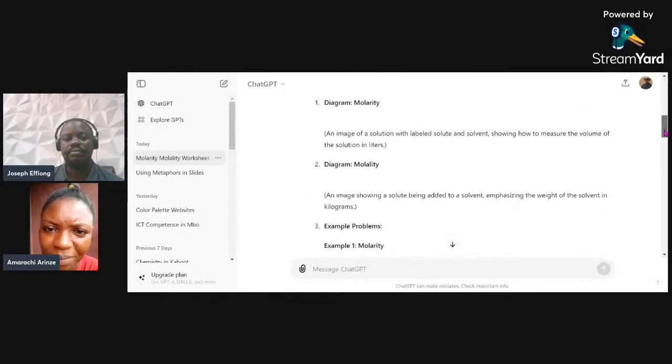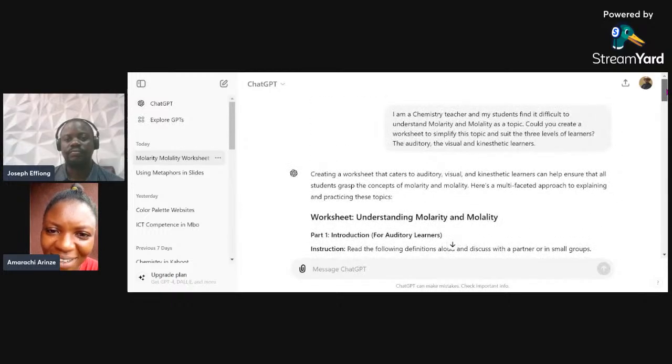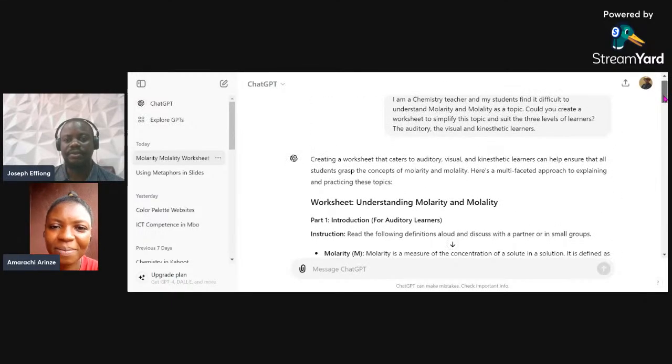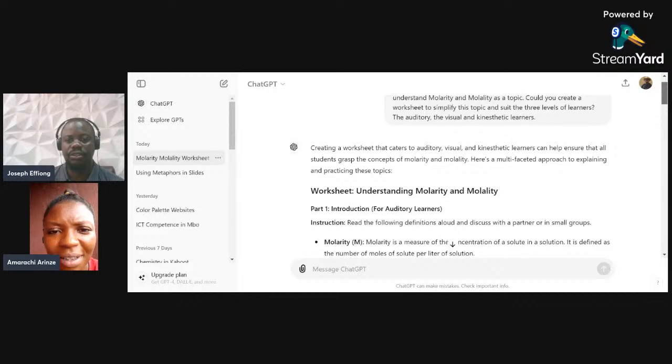Yes. I am a chemistry teacher, and my students find it difficult to understand molarity and molality as a topic. Could you create a worksheet to simplify this topic and suit the three levels of learners: the auditory, the visual, and the kinesthetic learners?